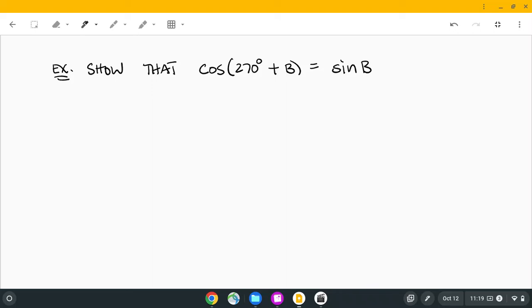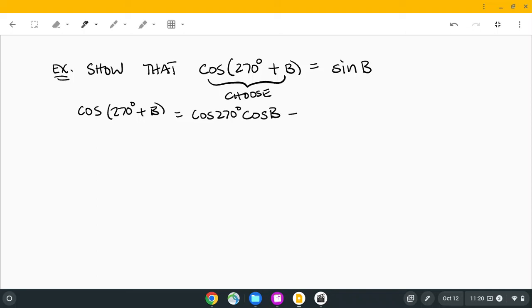All right, I am going to choose this side. This side looks more complicated. So cosine 270 degrees plus b. And this is the sum. So I'm going to use the sum formula, which says cosine 270 cosine b minus sine 270 sine b.